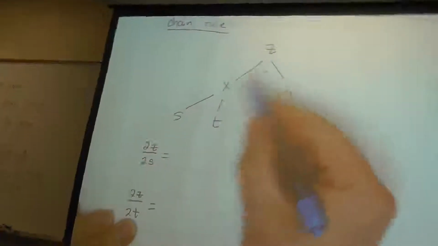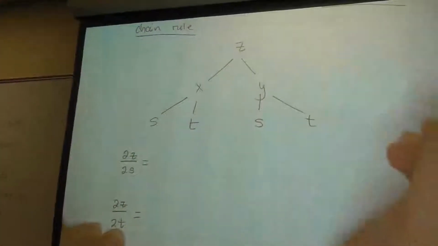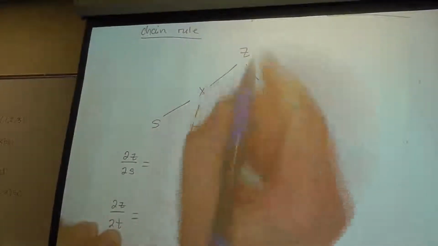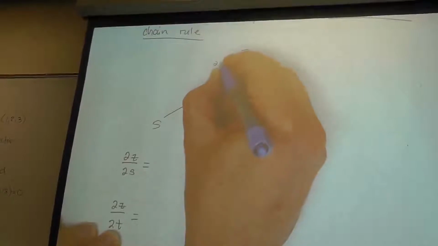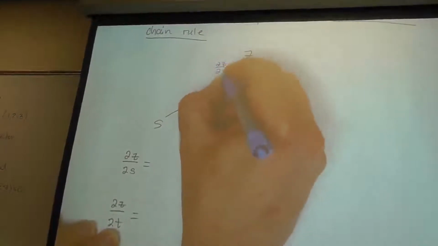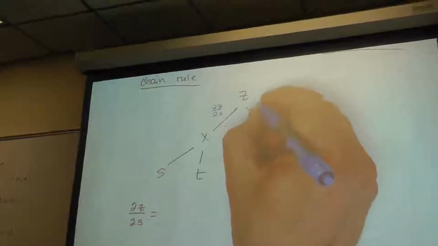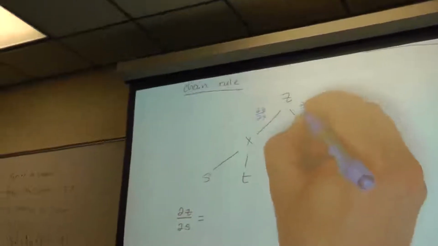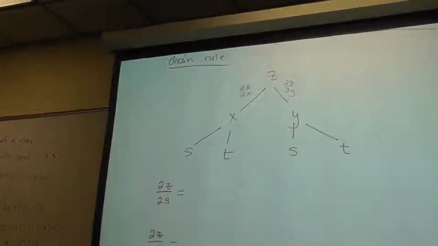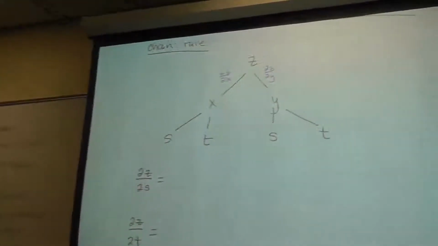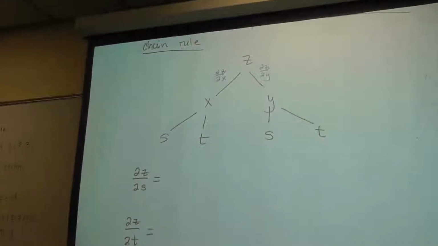Every one of these branches that you see here represent partial derivatives. For example, right here, this branch that links z to x is the partial of z with respect to x. This branch that links z to y is also a partial derivative, the partial of z with respect to y. And then the branches that stem from x going down to s and t are also partial derivatives.